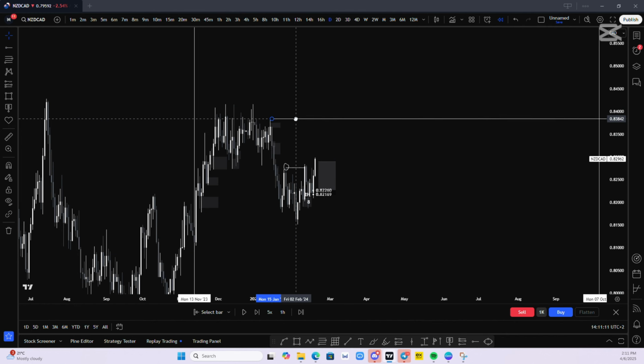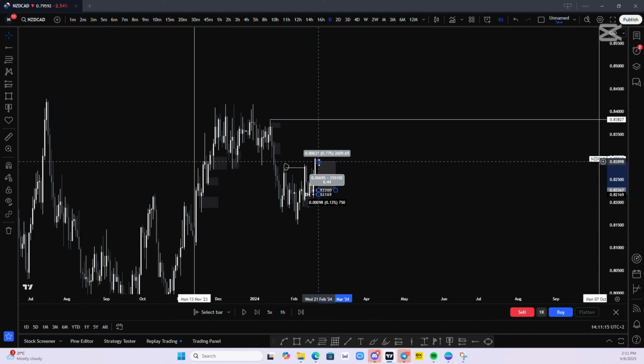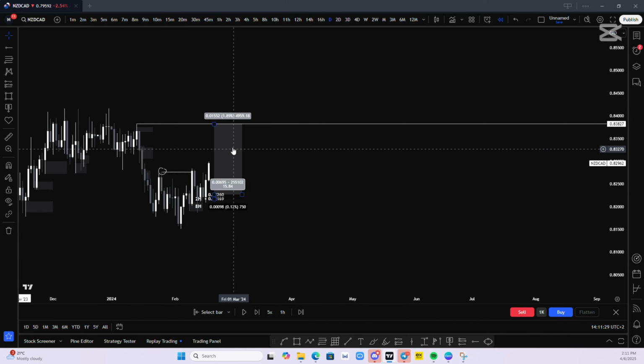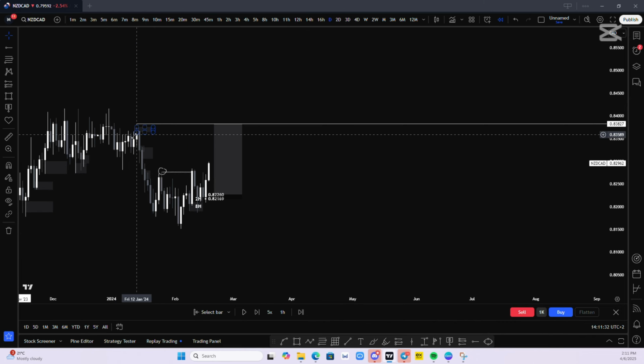Okay, so if we can now expand our long position to this high here, this is going to be a 15, maybe a 16 hour trade. Okay, but then we have to be conscious of the supply area here.